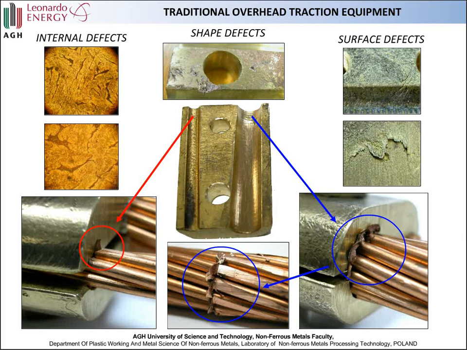In the next slide, I've shown some examples of internal shape and surface defects of traditional overhead traction equipment, which may cause a defect in the catenary existing after the usage, for instance, after 10 years of exploitation of the line.